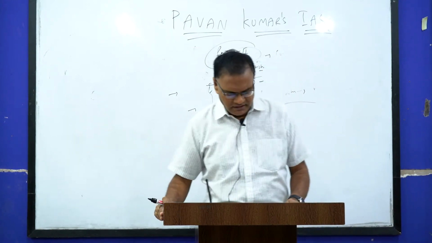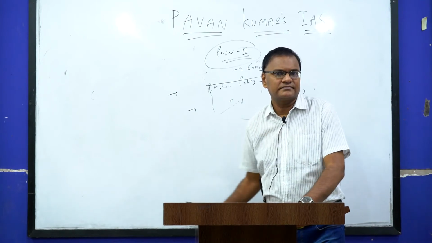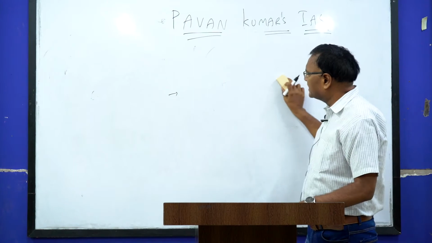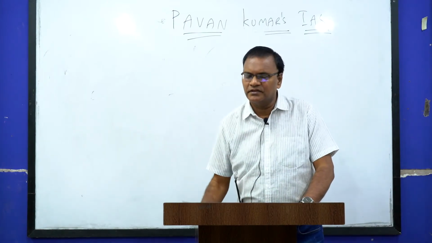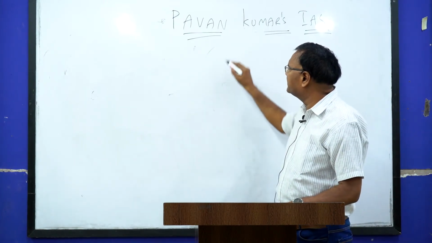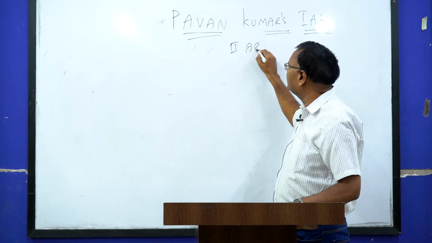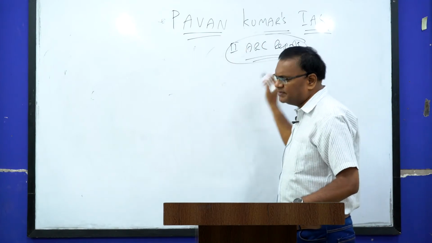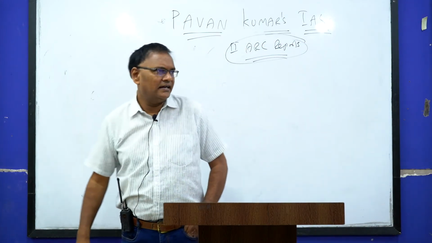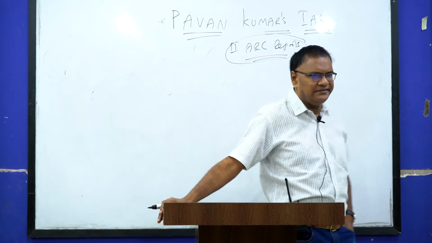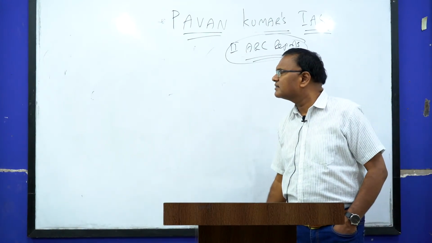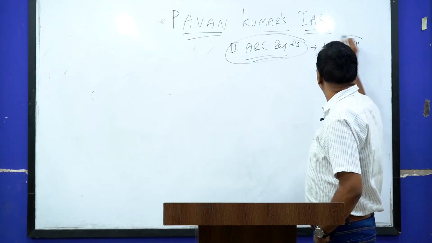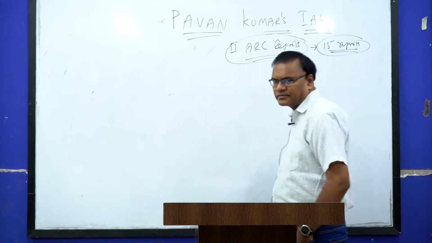And then for all these topics, apart from the conventional books that I have mentioned, the most important source of information for you are Second ARC reports. Second Administrative Reforms Commission in 2009 has submitted around 15 reports.